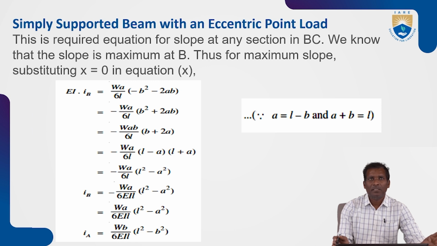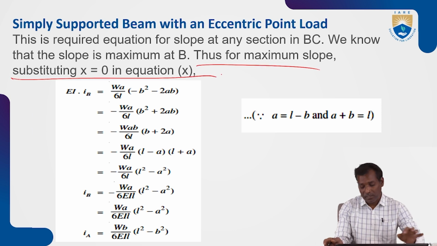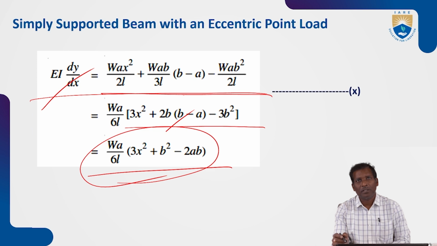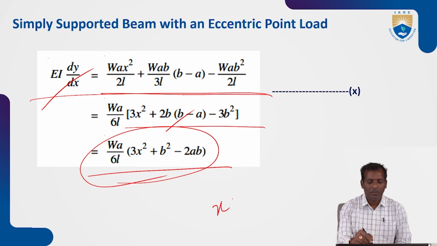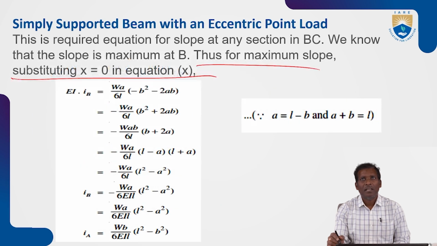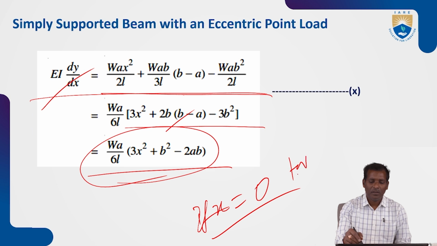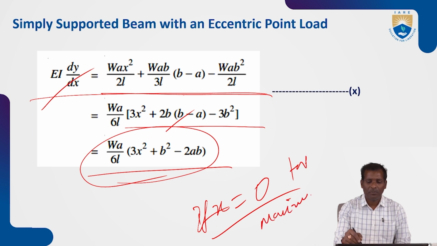We know that the slope is maximum at B. Thus for the maximum slope, substitute x is equal to 0 in equation 10. In the above equation, substitute x is equal to 0. If x is equal to 0, you will get the maximum slope.